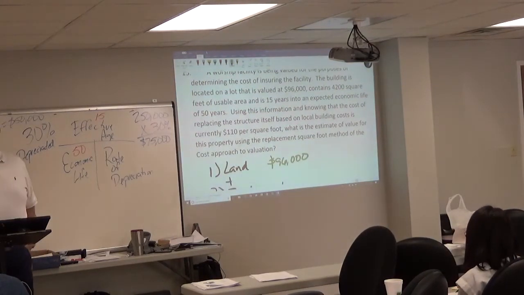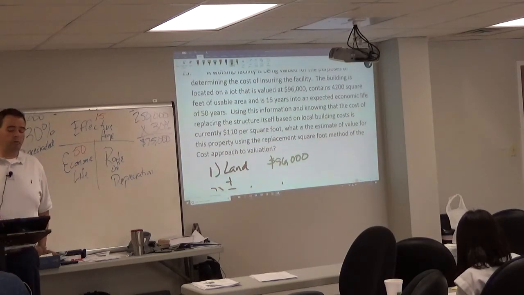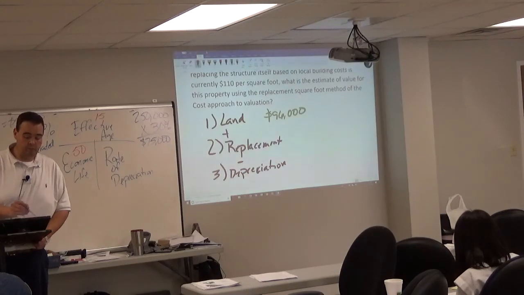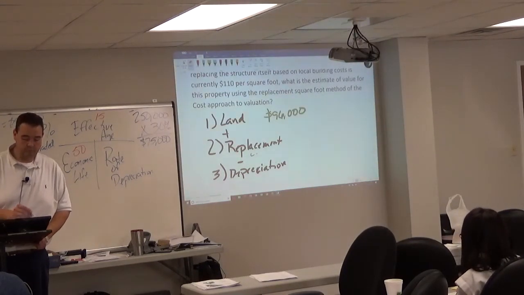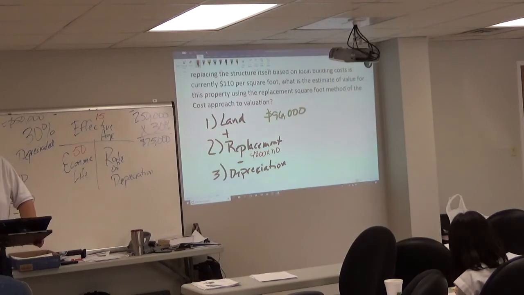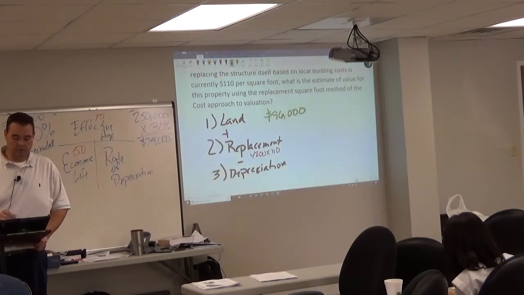Now, as far as replacement costs, they tell us the building is 4,200 square feet, and how much is each square foot worth? 110. So that's just going to be 4,200 times 110. $462,000 plus 462.